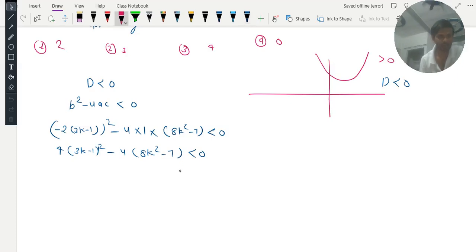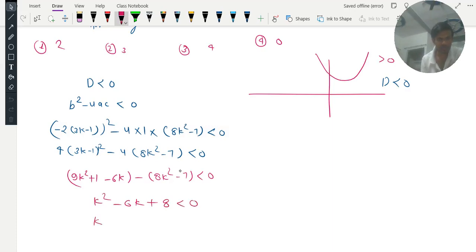So this will become 9k square plus 1 minus 6k minus 8k square minus 7 less than 0. This is k square minus 6k plus 8 is less than 0.